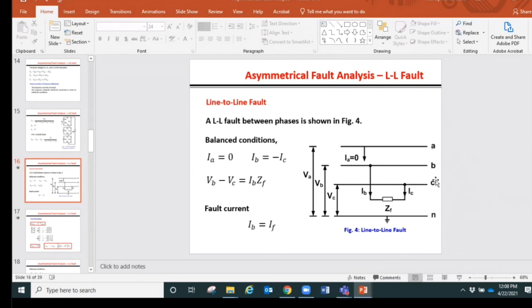So if it is AB, BC, CA, all those three different combinations of double line fault can happen, and we will change the labeling of the phases such that we can still use all these equations retained from the boundary conditions and used in the subsequent stage for the fault current analysis to determine IA0, IA1, IA2, and then the respective phase currents IA, IB, IC.